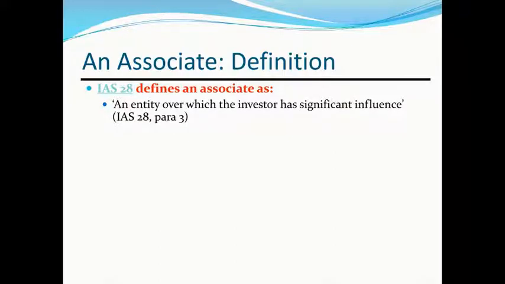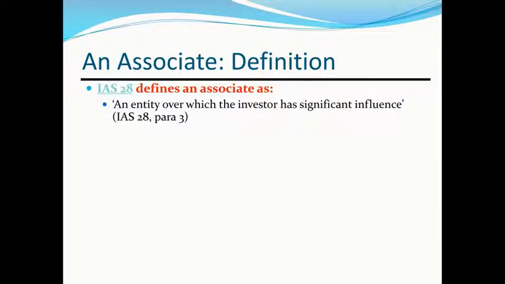And this may differ from the definition of the subsidiary. The subsidiary is mainly about control, but an associate is about significant influence. And there is a huge difference between the two definitions.